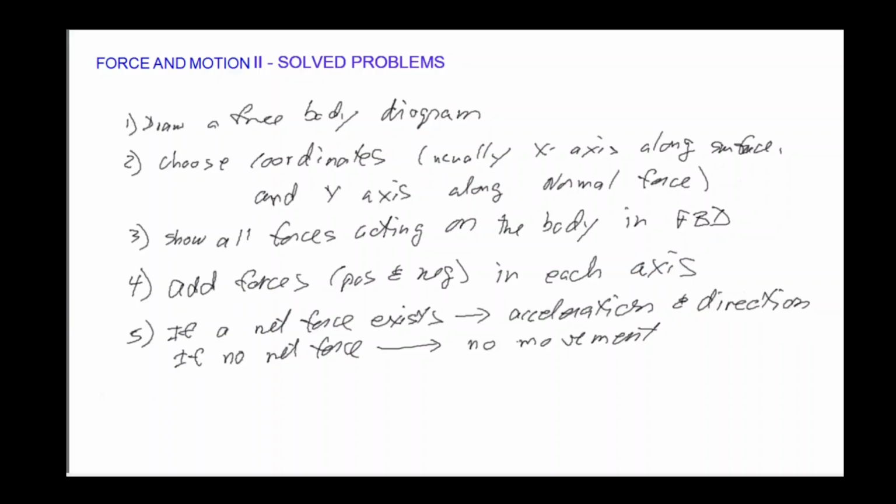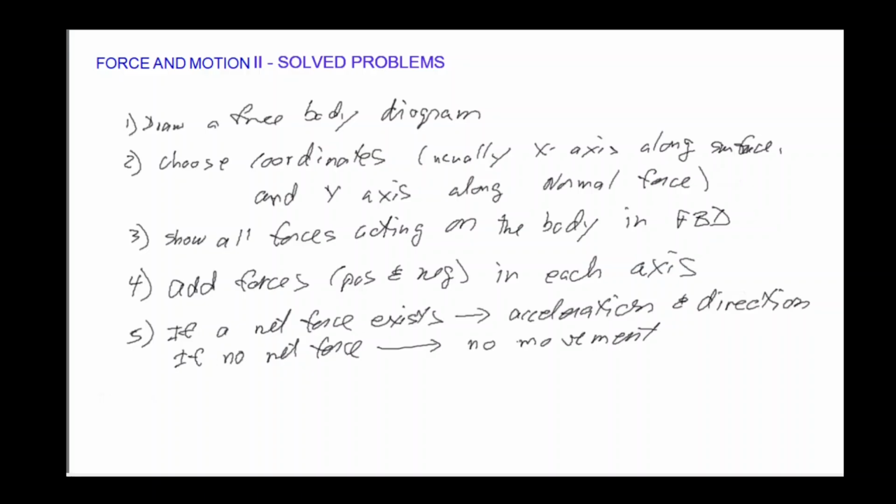Now I'd like to solve some problems. There's a few things you should do when you solve these kinds of problems. First, draw a free body diagram. Second, choose which coordinates you're going to use. Usually the x-axis is put along the surface, such as a ramp, and the y-axis is put along the normal force.